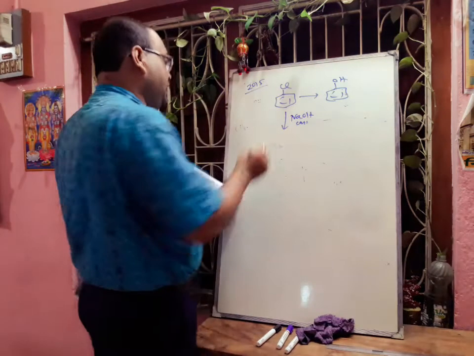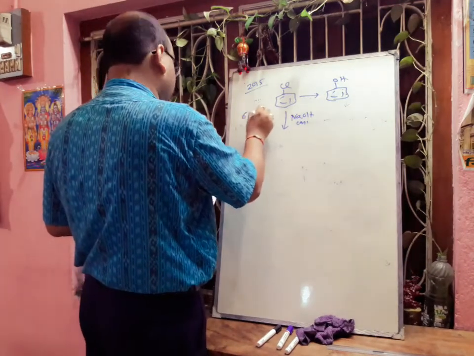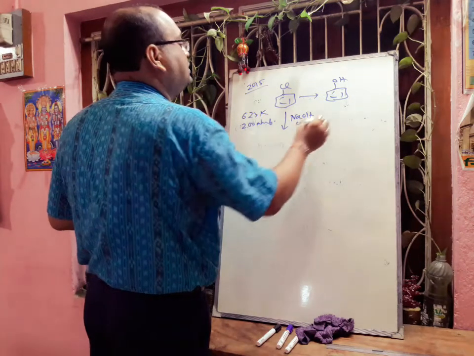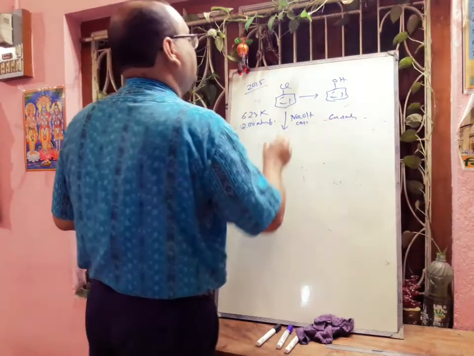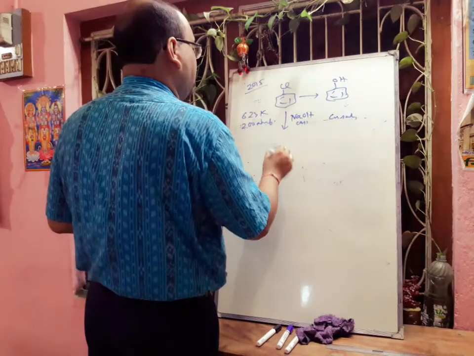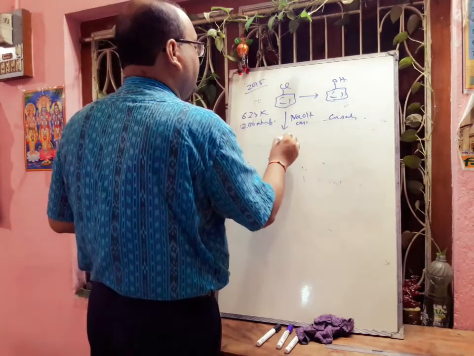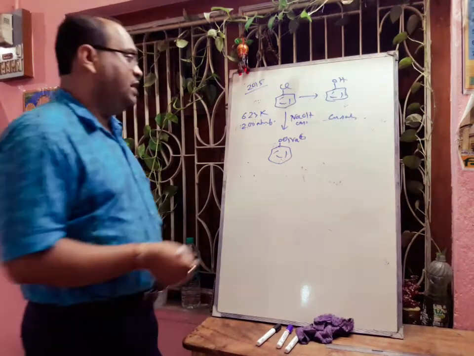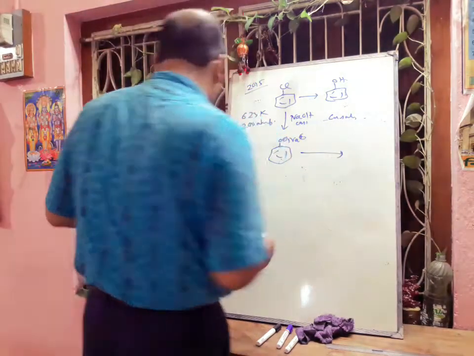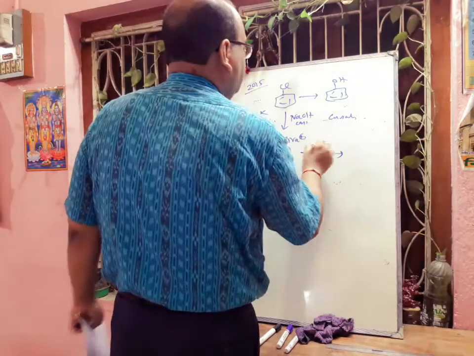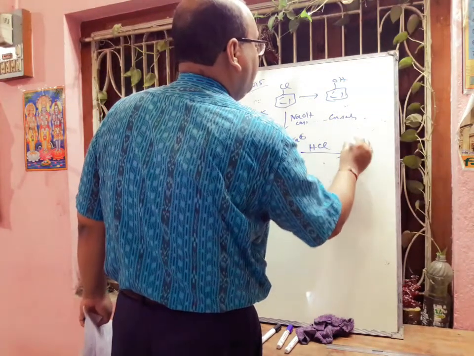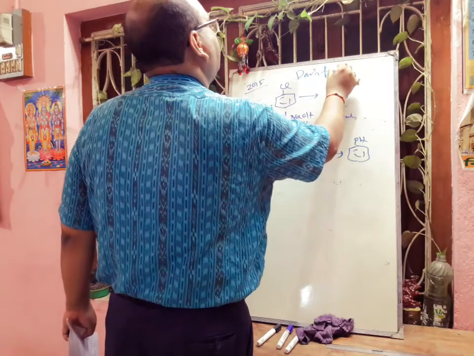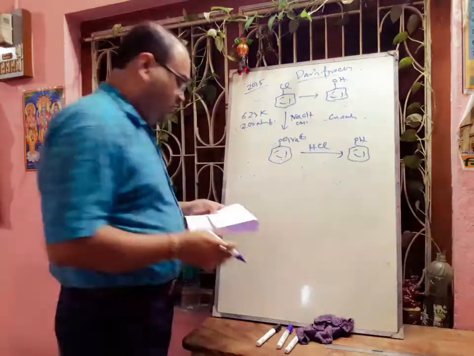Then we have to apply heat around 623 Kelvin and 200 atmospheric pressure. Then we can use some copper salt as catalyst. Then we will get the corresponding phenoxide ion, O minus Na plus. I have already told you that this reaction passes through a benzyne intermediate, and then finally if we do acidic workup, that means if we add HCl, that will form phenol. So in this way, by Dow's process, we can easily prepare phenol from chlorobenzene.